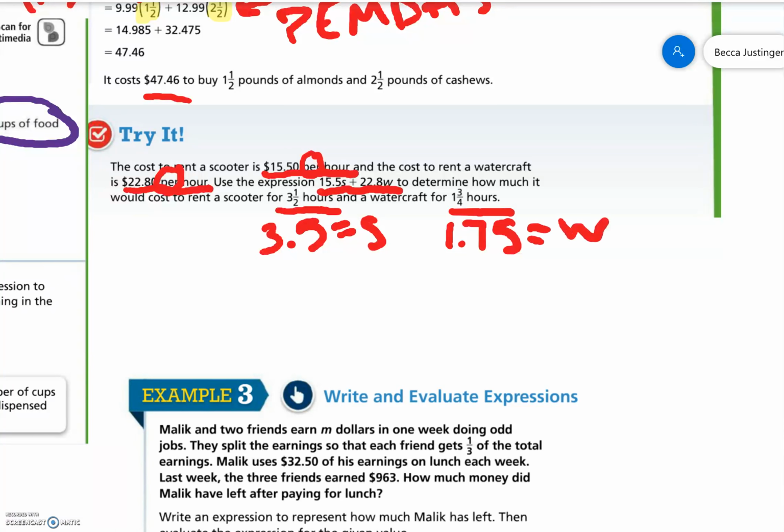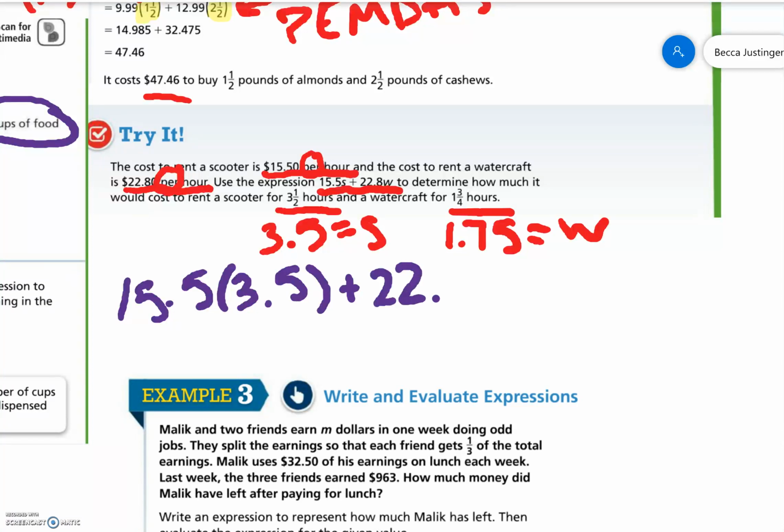So I'm going to rewrite our equation, 15.5, and instead of S, I'm going to put 3.5 plus 22.8. Instead of W, I'm putting 1.75.